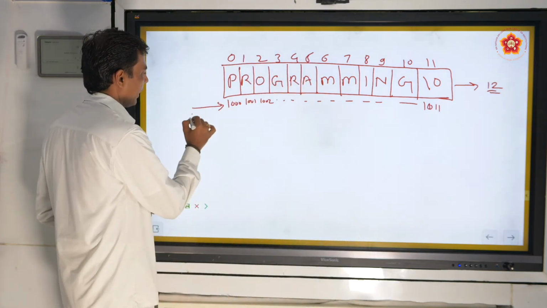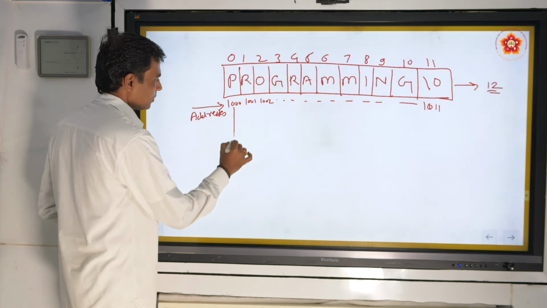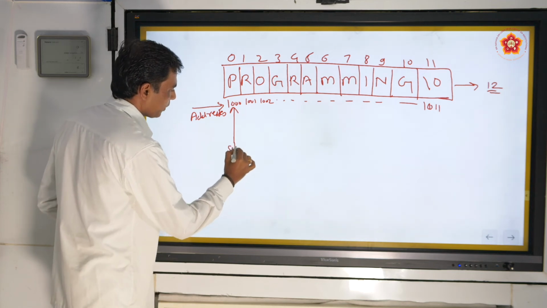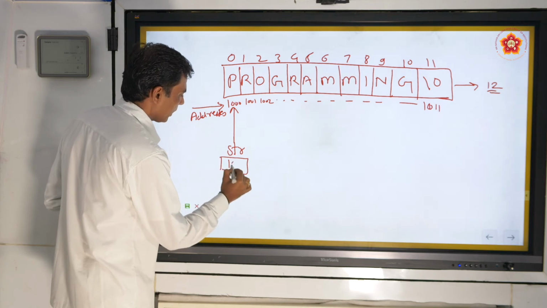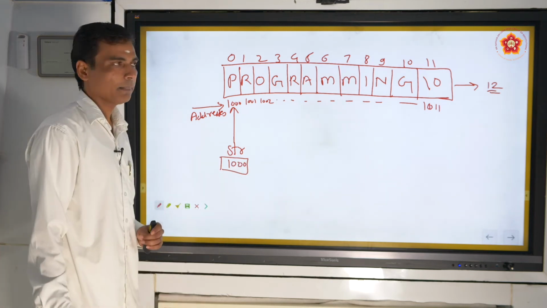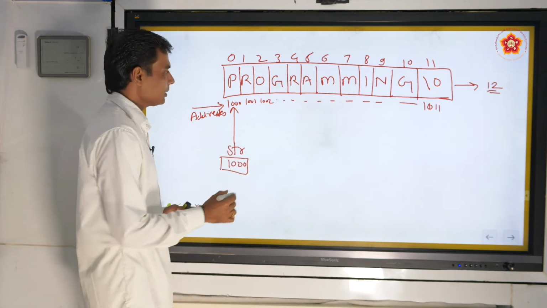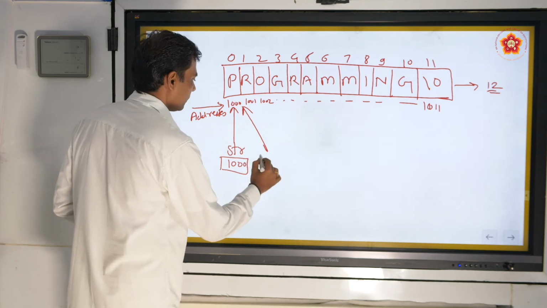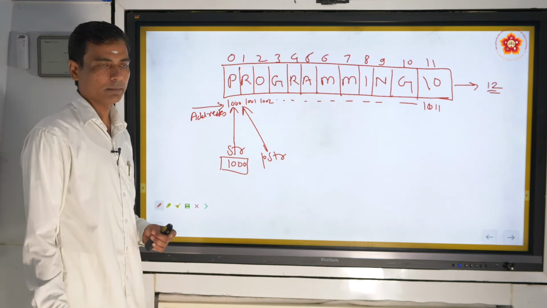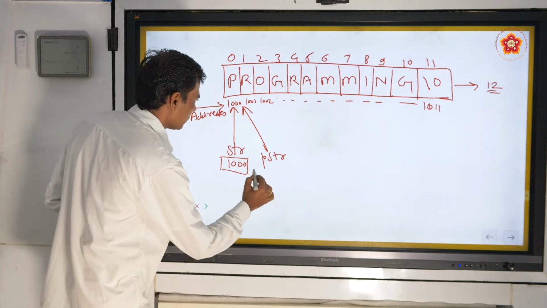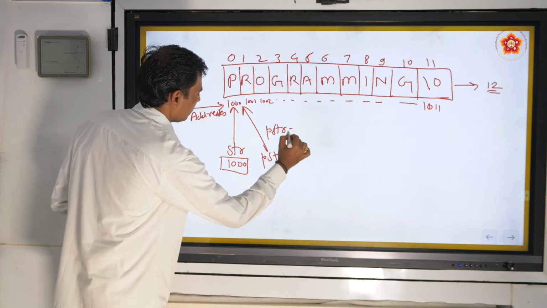Consider these are the addresses. Initially str is pointing to 1000, so the content of str is 1000. Initially we make pstr also point to the first location, with the assignment statement pstr is equal to str.